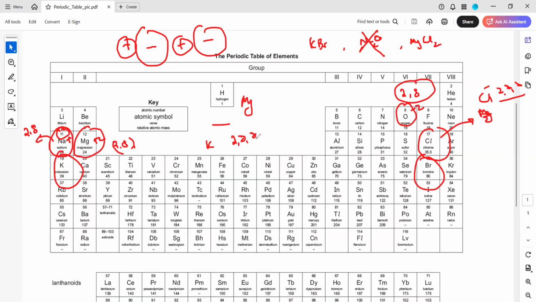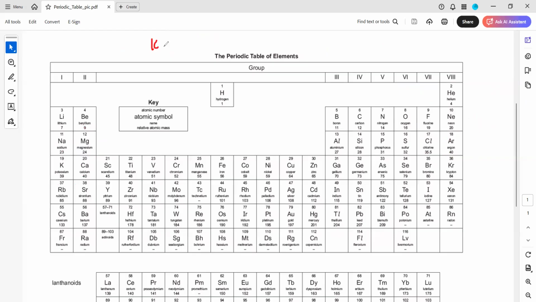So it will become 2,8,8. But bromine has 35 electrons, and it will gain an electron, so it will have 4 shells. So it can be potassium bromide. So we are left with 2 options: one is KBr, potassium bromide, and another is magnesium chloride. In both cases, the positive ions are smaller and the negative ions are larger.